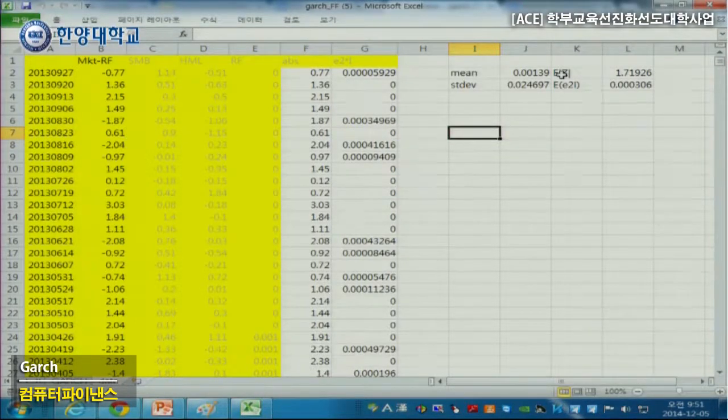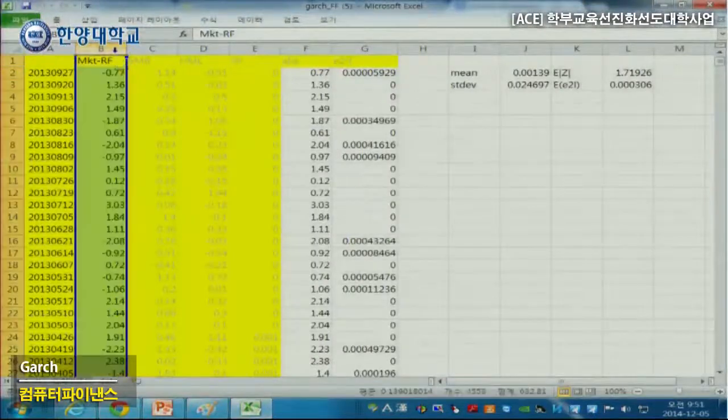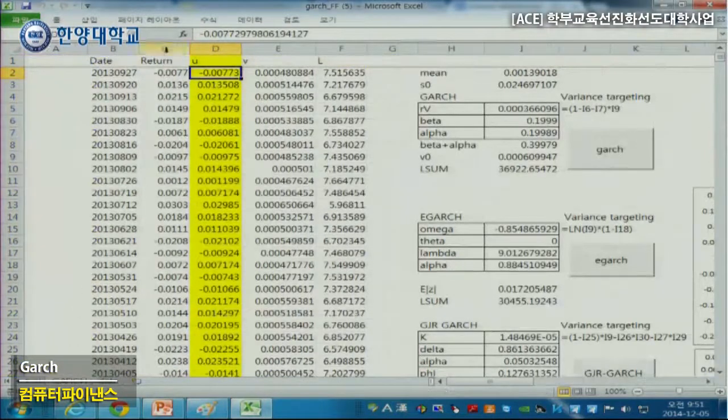No. Because I already have return data. They are all return. But it is a percent return, so I want to divide this one by 100. Because it is not price, I already have return. So if I divide this one by 100, then I have this one.